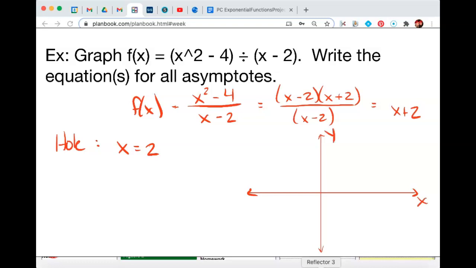If I was graphing, I would plot the y-intercept first, and then rise one, run one. Except when you get to x equals 2, that's where the hole occurs, so then I have the circle right there. I can find the y value for that hole by plugging it in. So y equals 2 plus 2, which is 4. So the hole is at the point (2, 4).